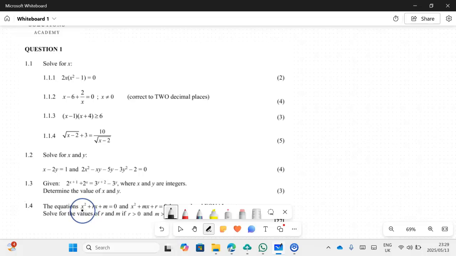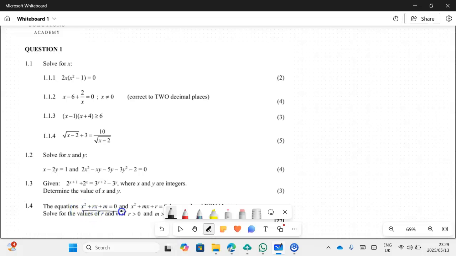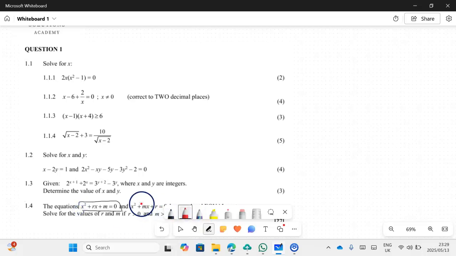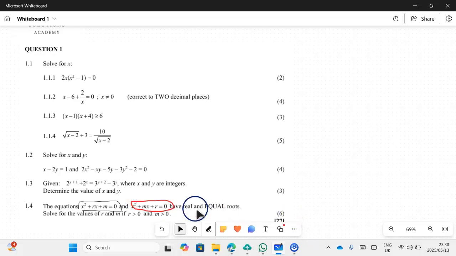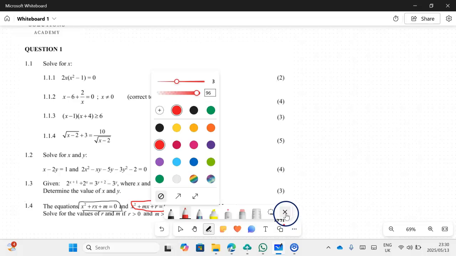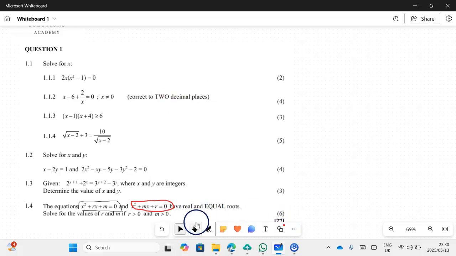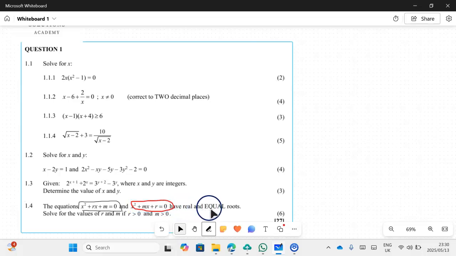The first equation is this one. Then we have the second one, which is this one. Good. And then the key is that both equations need to have real roots.